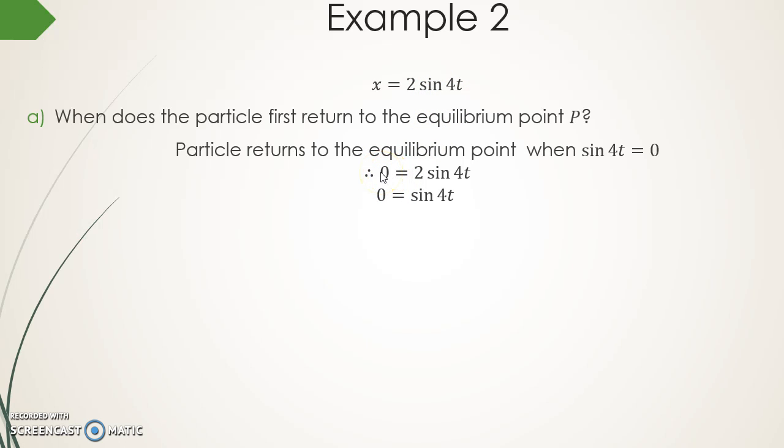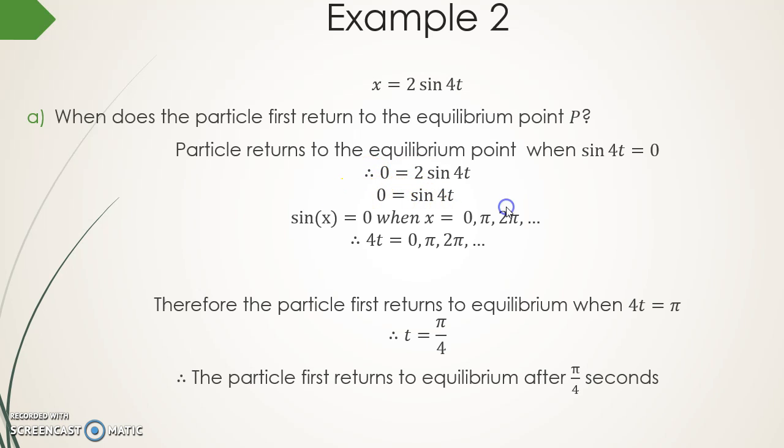So 0 equals sine 4t, you divide both sides by 2, 0 divided by 2 is 0. So when does sine x equal 0? From our understanding of what the sine curve does, we know that when x equals 0, pi, 2 pi, 3 pi, 4 pi, and so on, sine will equal 0.